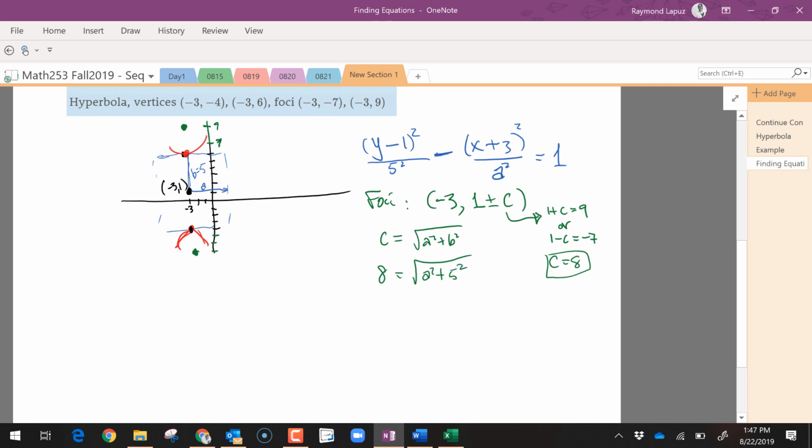So we should just be able to solve for a. In fact, we probably just solve for a squared and then plop it into the equation. So a squared is equal to 39. So a itself would be the square root of 39, but the formula is looking for a squared, so we might as well use that. And then that's it.